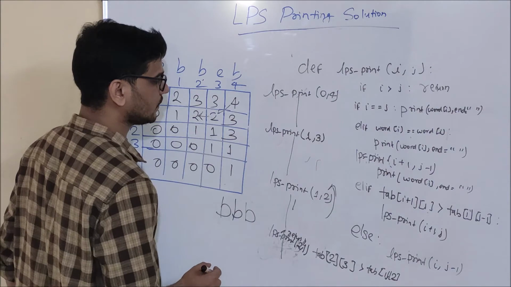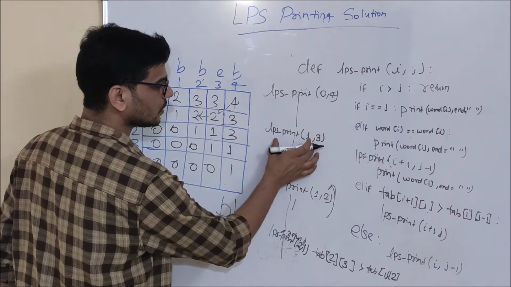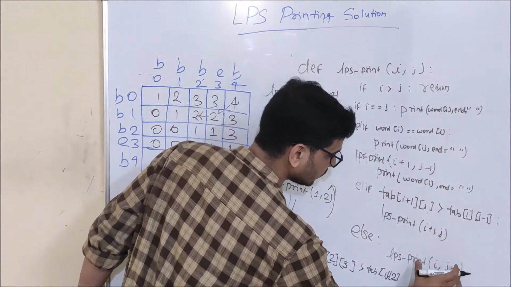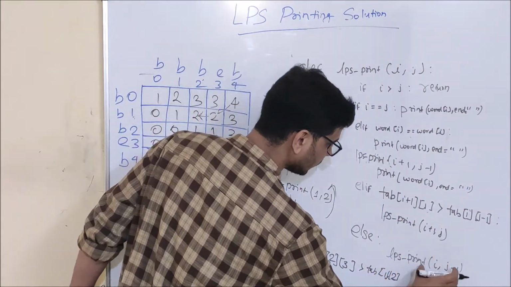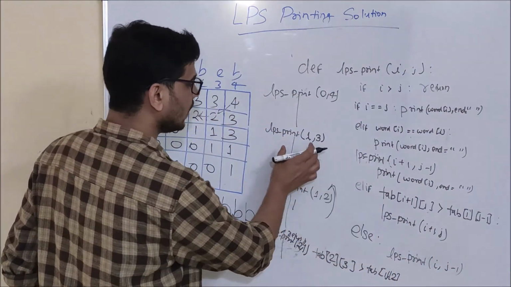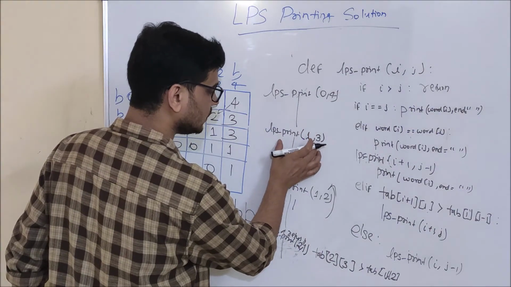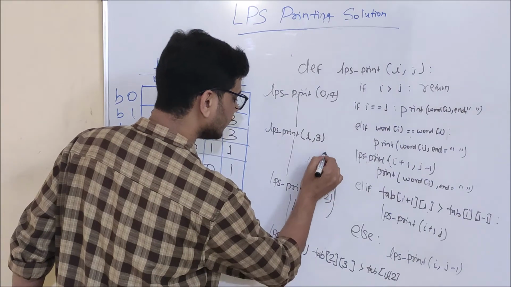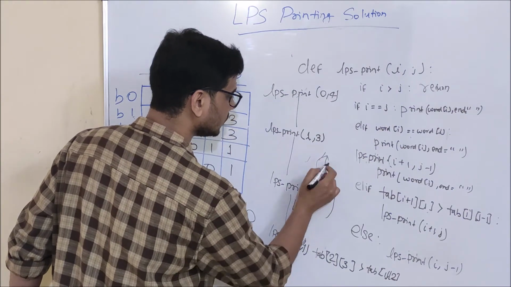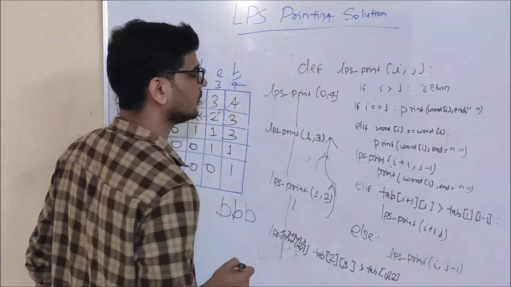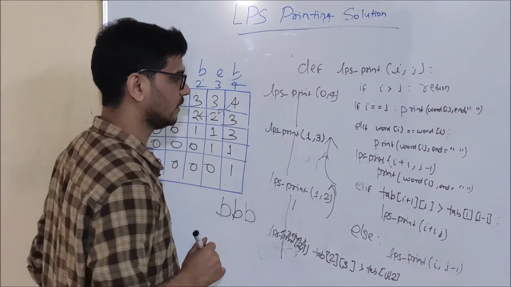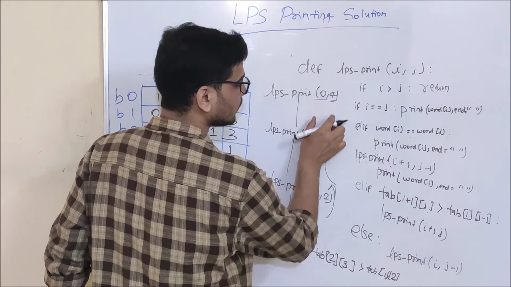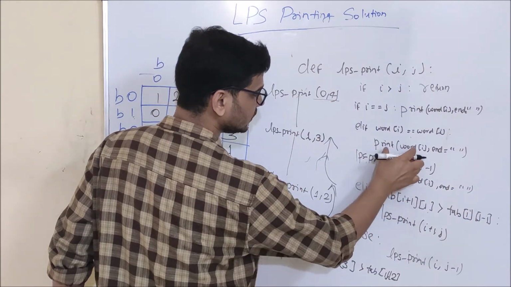And what will happen after that? Now LPS print of 1, 3 will get its answer, that is, LPS of 1, 2. LPS print of 1, 3 had called this particular function, and it has got the answer for this particular function. The LPS print of 1, 3 will also return. And now as you can see here, LPS print of 0, 4 has executed this line.